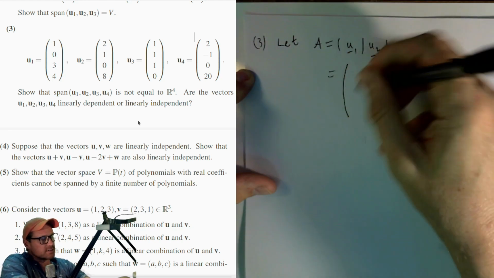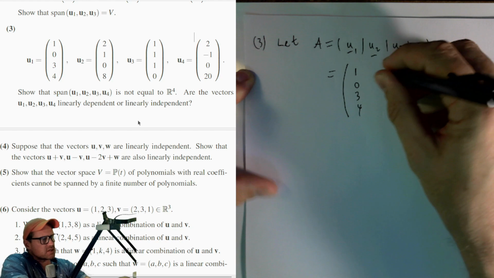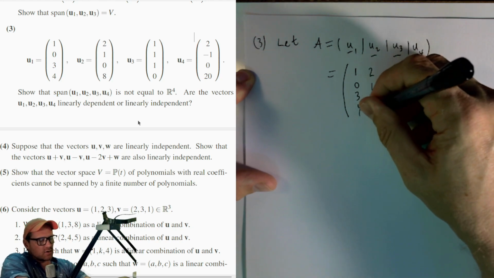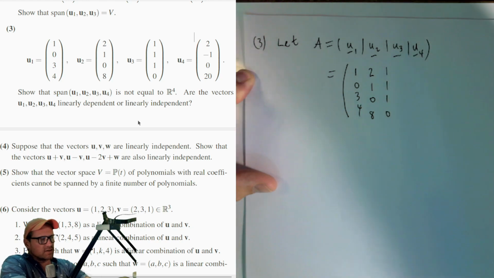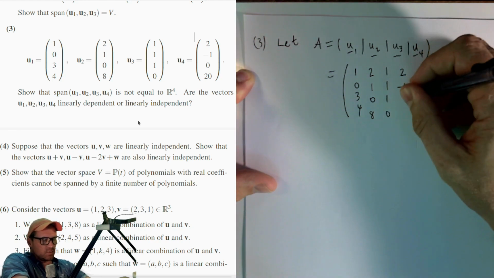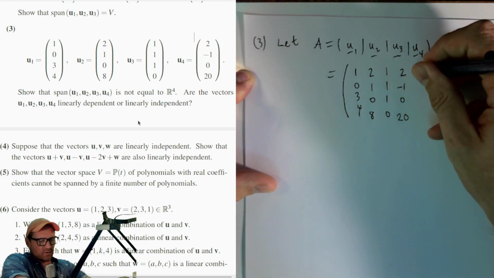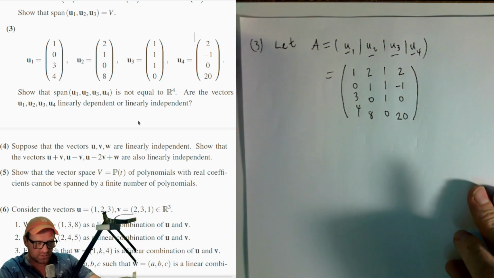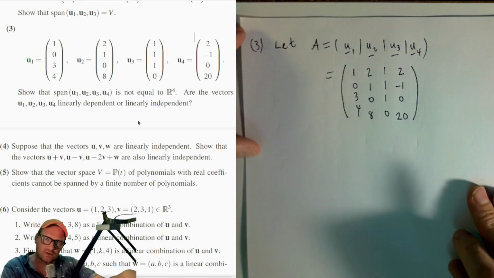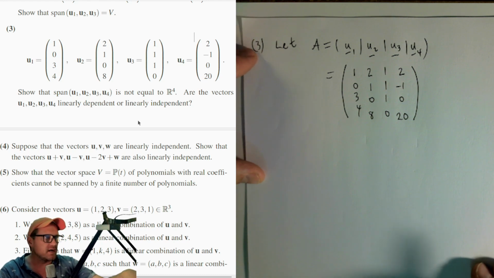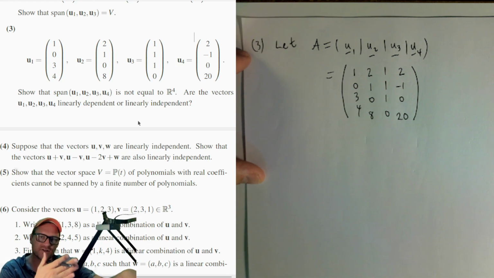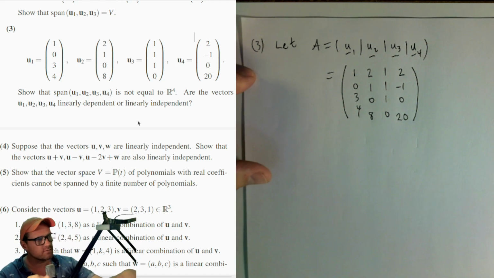And so this is 1, 0, 3, 4 in the first column, 2, 1, 0, 8 in the second column, 1, 1, 1, 0 in the third column, 2, minus 1, 0, 20 in the fourth column. And so we want to row reduce this, finding the row reduced echelon form of this, then seek out where the pivots are and find the corresponding vectors U1 through U4 so that we can see a reduced spanning set for the vectors U1 through U4.